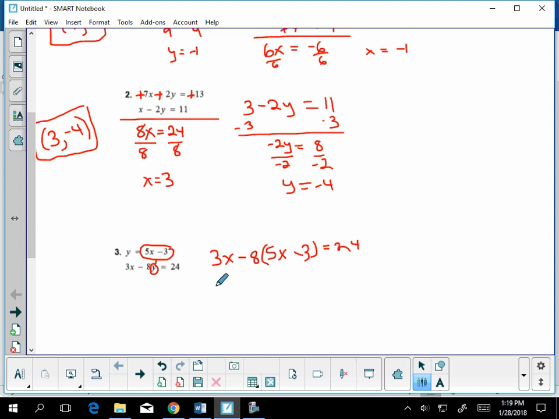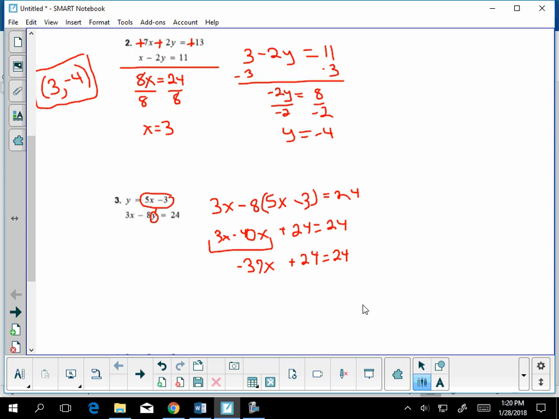We're going to distribute. 3x minus 40x plus 24 equals 24. These x's are on the same side of the equal sign, so combine them. Negative 37x plus 24 equals 24.